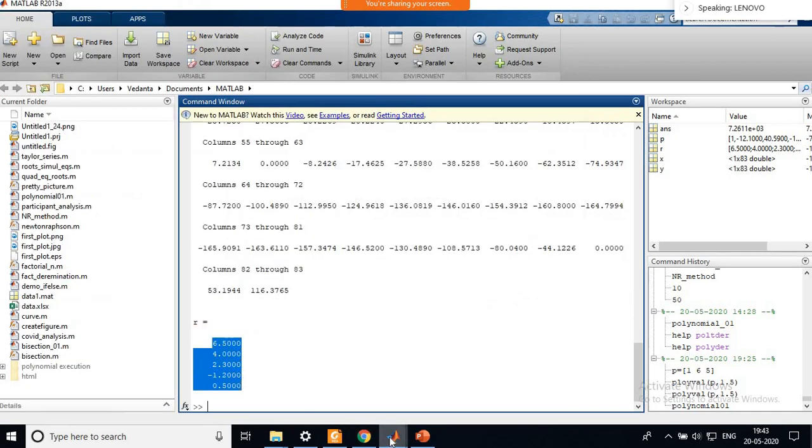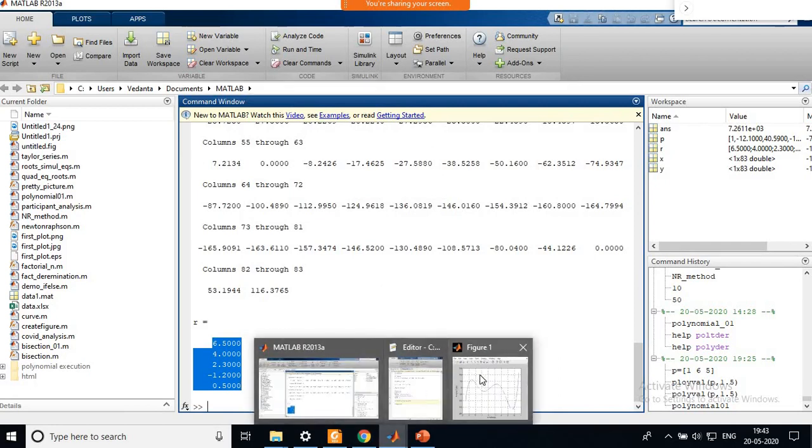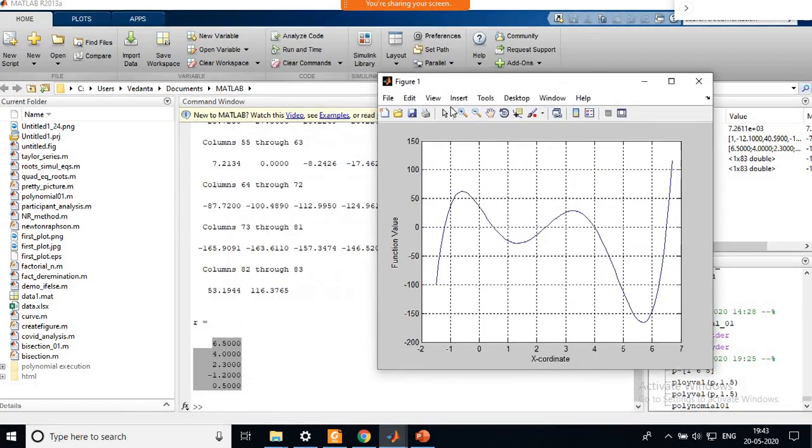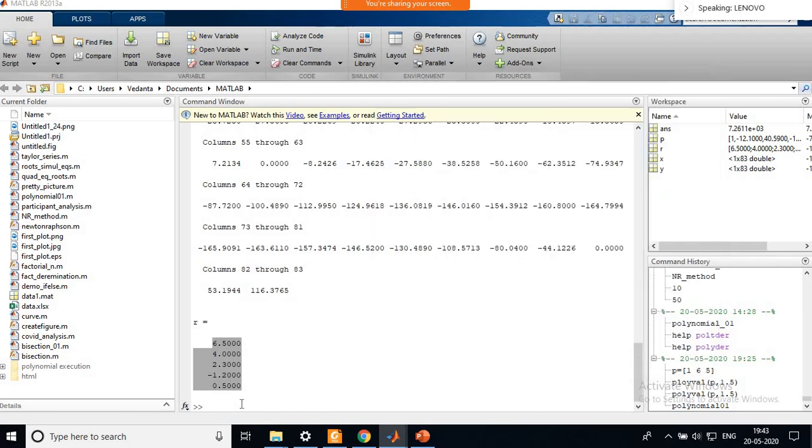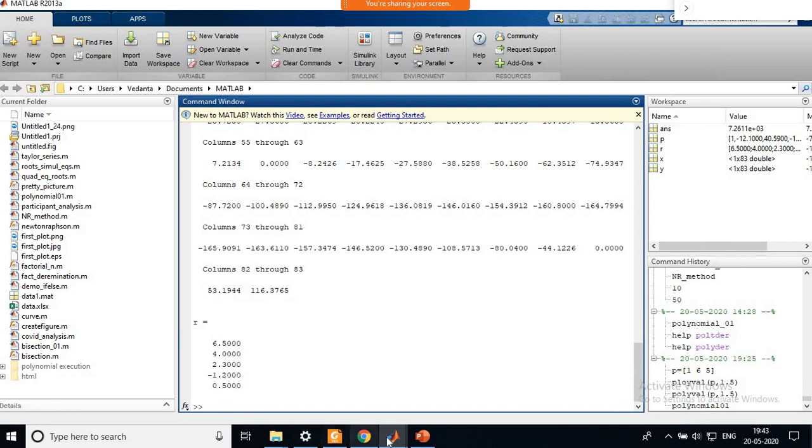You can just look at the graph and you will come to know. So these roots are the same. Here it starts with 0. It is somewhere around 6.5. This is one root. Then it comes back here at 4 point something. Then 2.3 something. Then minus 1.2 somewhere, and similarly 0.5 something. So this way it has determined the 5 roots.